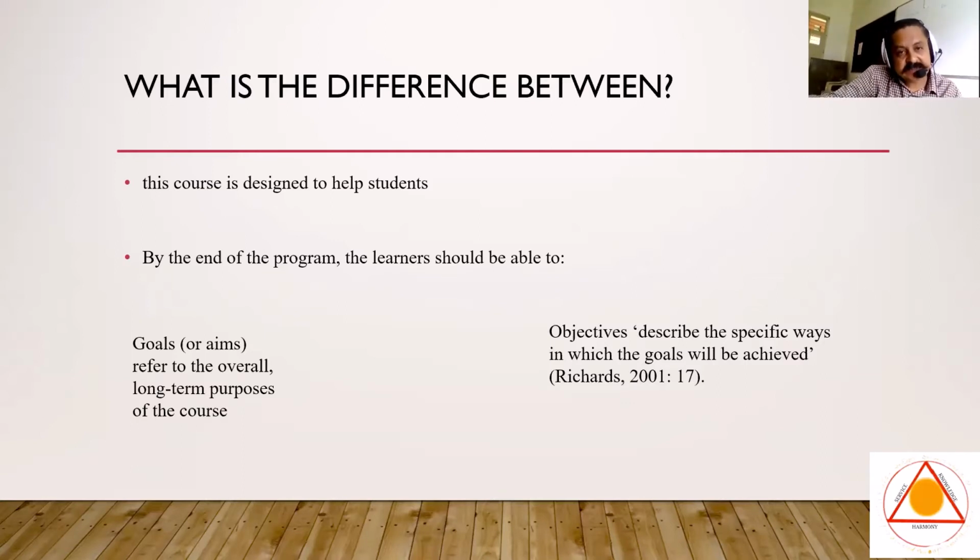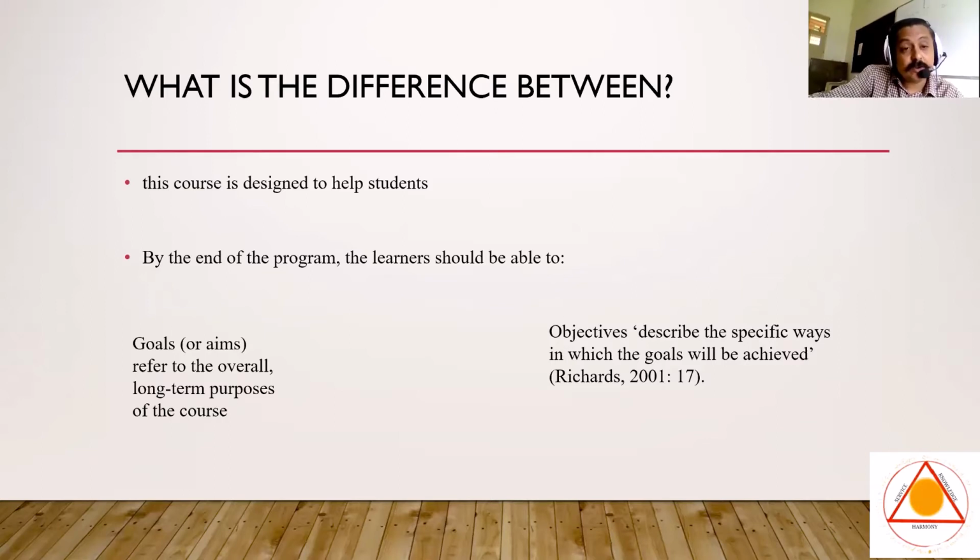This course is designed to help students to speak in English. This is an overall goal. If you want to make it specific, there are steps. So you will say the first step is, I will make students learn how to introduce themselves.